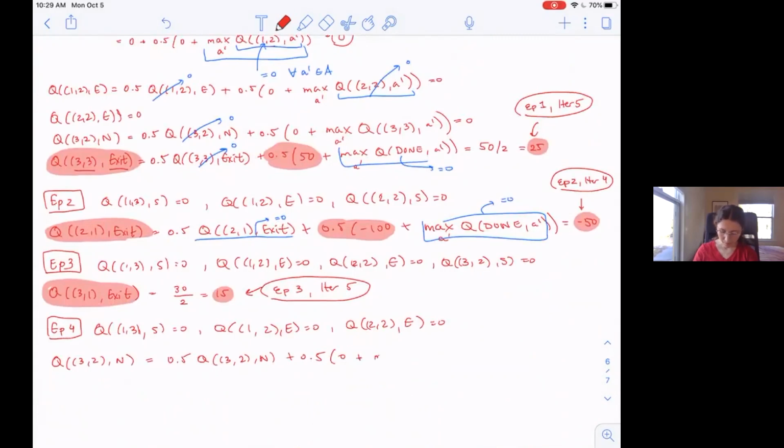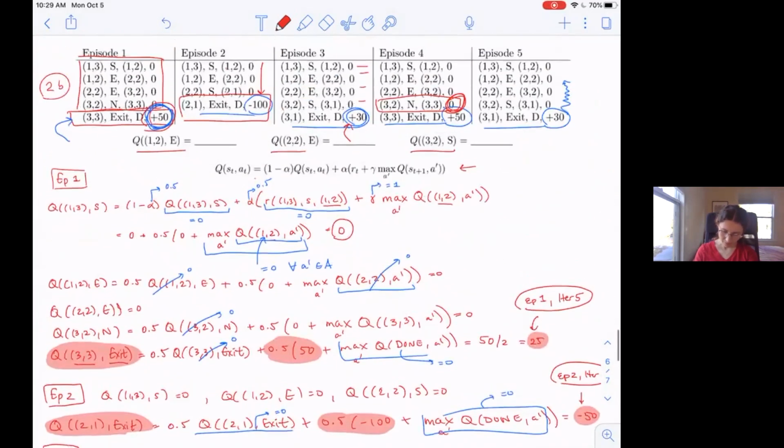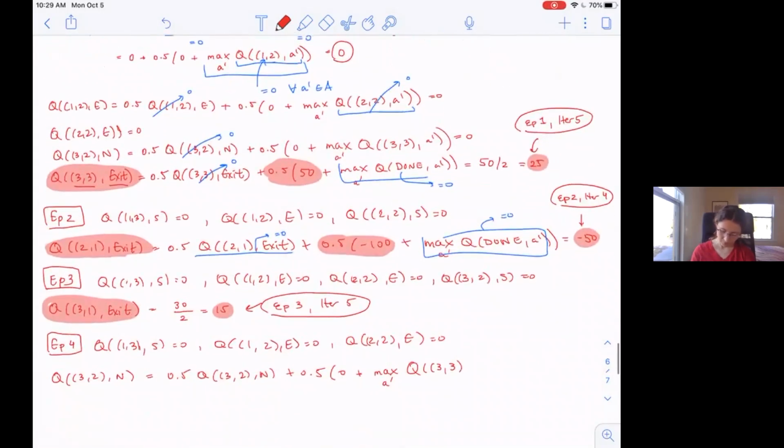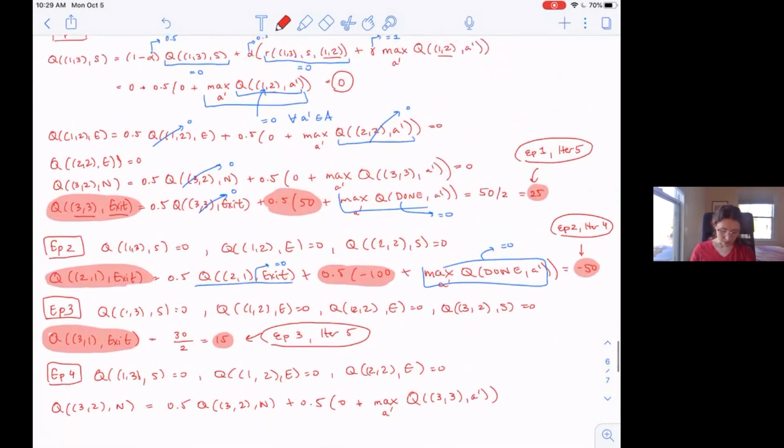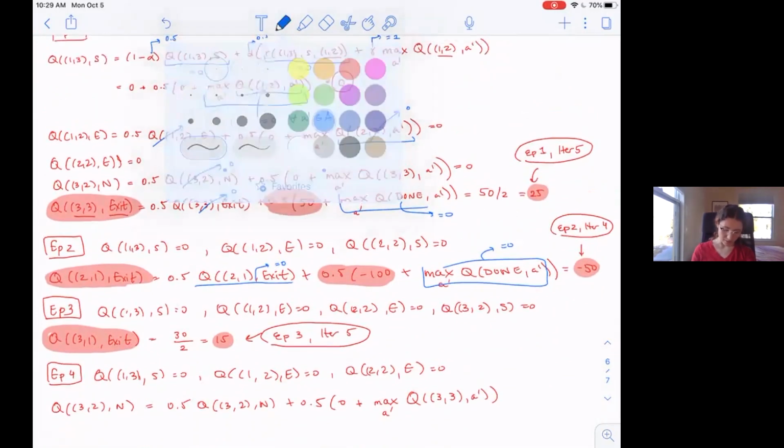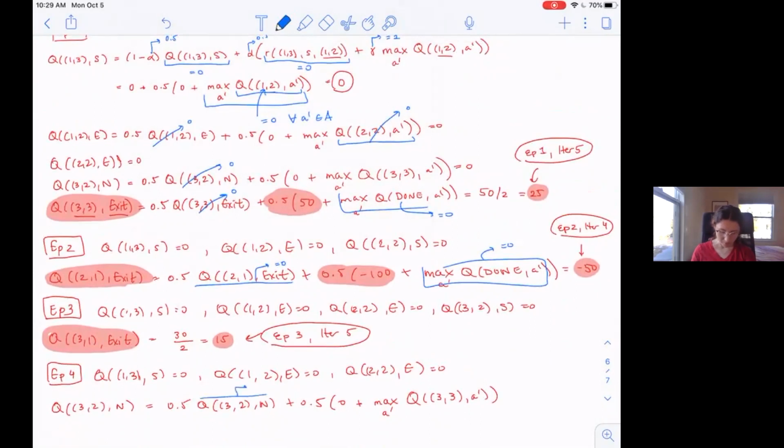But now we're going to be doing plus max over all next actions of Q of 3,3, because 3,3 is the next state we get to, and all possible actions we could take from 3,3. Why is this interesting? Well, Q of 3,2 north itself, this value here, hasn't changed. So this isn't the interesting part.